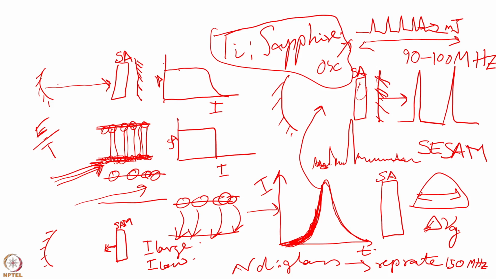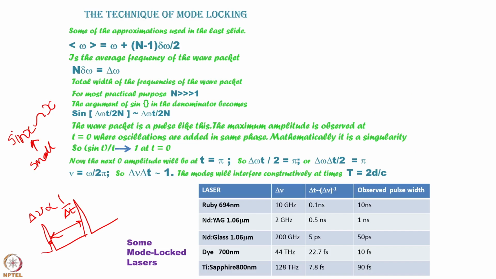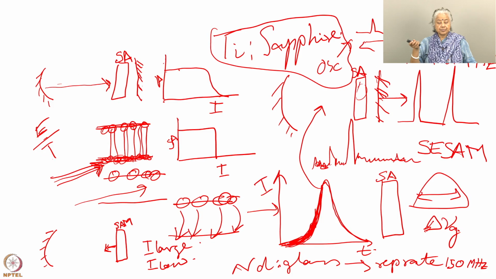Okay. So basically I have described the synchronization of all these modes, which overlap with each other at a time interval of T equal to 2D by C, and they are well synchronized phase wise, and that is how you get these mode locked pulses.